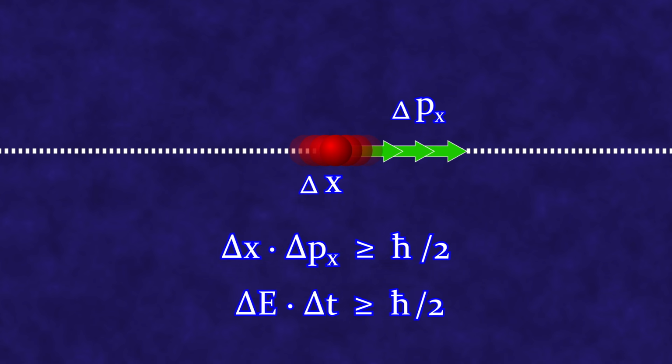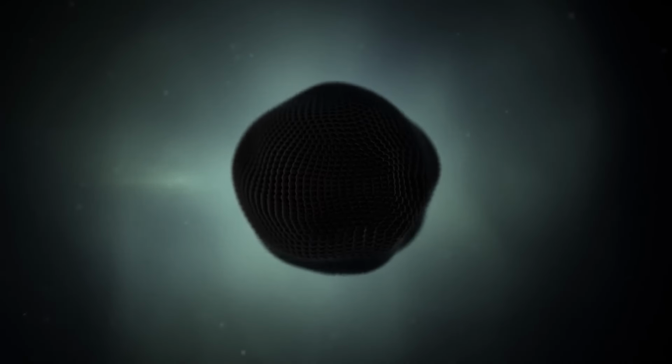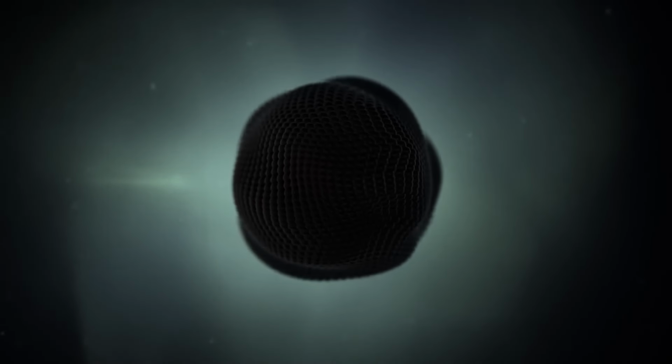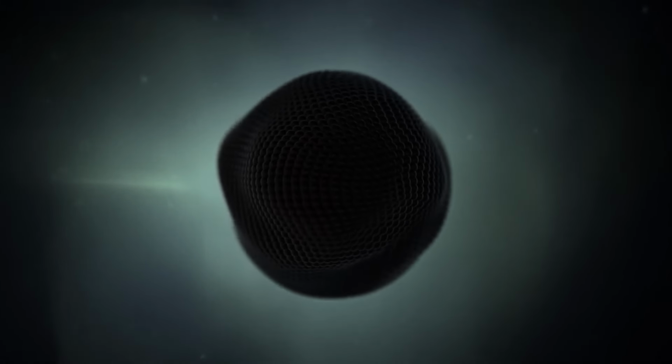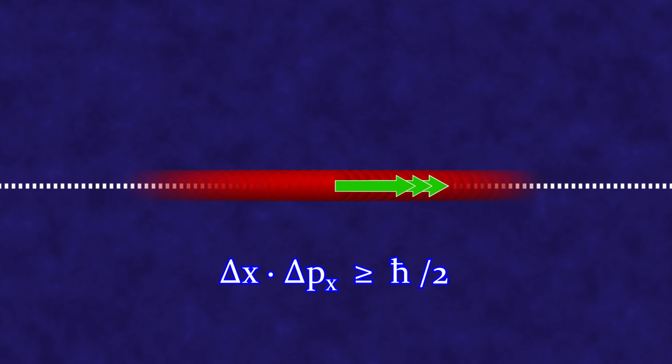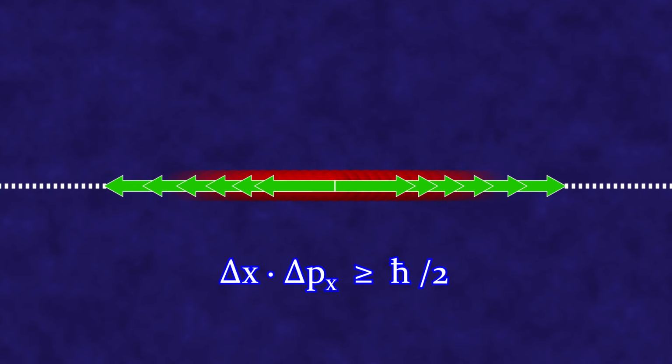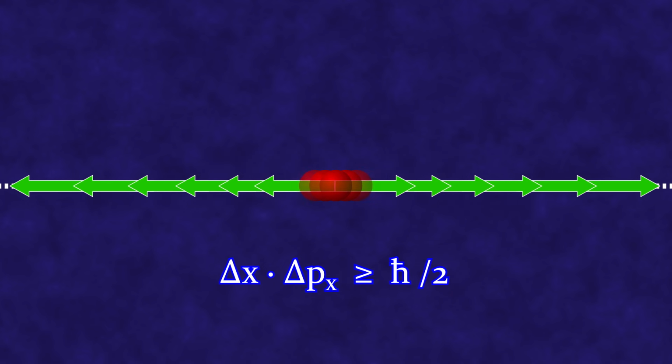What does the uncertainty relation mean? The more precisely you determine the position of a quantum object, such as a particle like an electron, the less accurately you can determine its momentum. In other words, if you determine the momentum with absolute precision, you'll lose any ability to say where the particle is located. Conversely, if you pinpoint the position exactly, you'll lose all certainty about its momentum, meaning you won't be able to say anything about where or how it's moving.